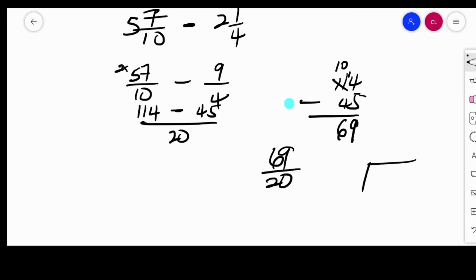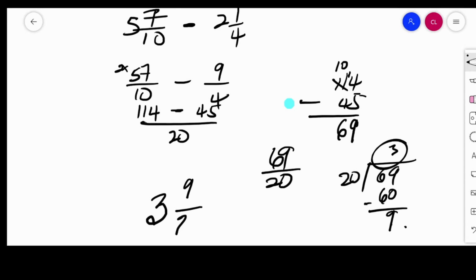We could work this out as a long division. So 20 could go into this 3 whole times. 3 sets of 20 would give us 60, remainder. So we have 3 whole times. My remainder becomes my numerator, 9 over 20.